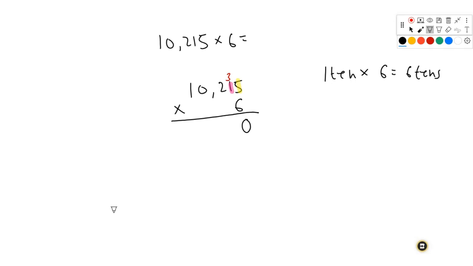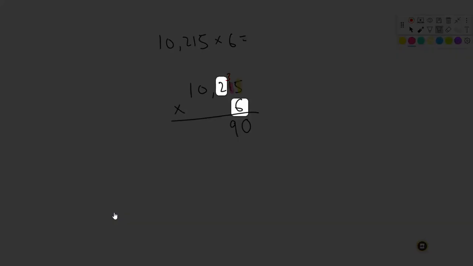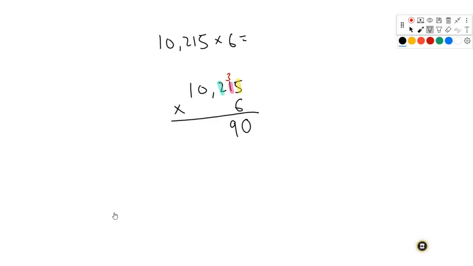But then we need to add this 3 tenths to 6 tenths, which makes it 9 tenths. So that is 9 tenths. Okay? So our next one is 2 hundredths times 6. So I know 2 times 6 is 12. So 2 hundredths times 6 is 12 hundredths, right?